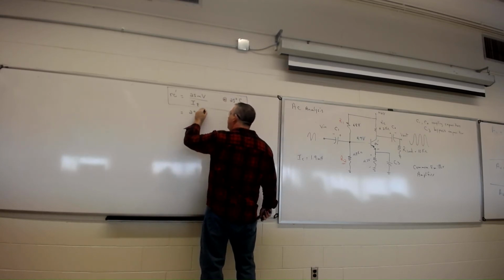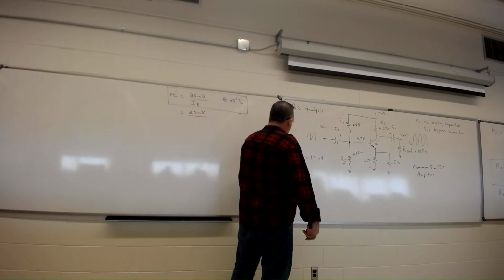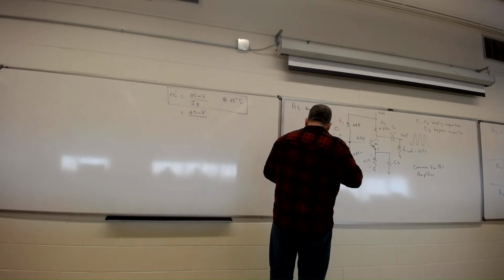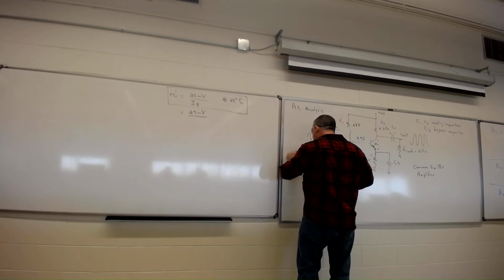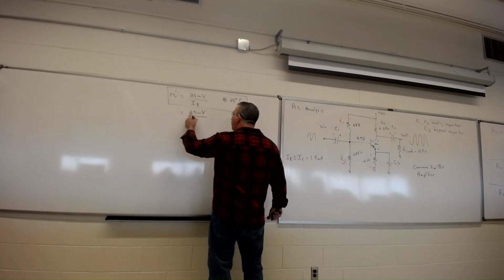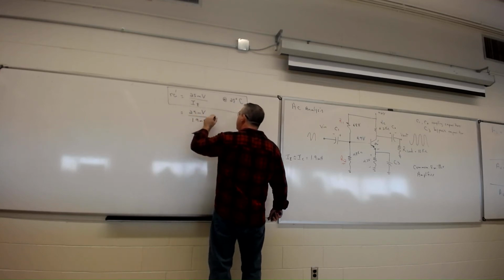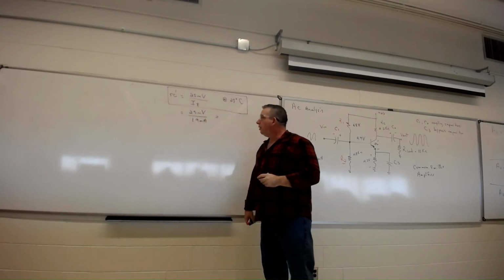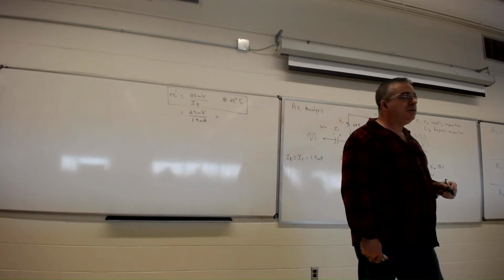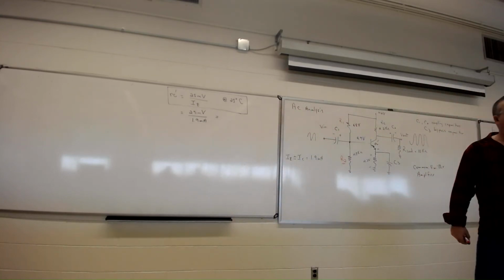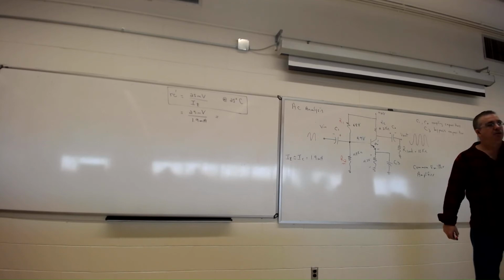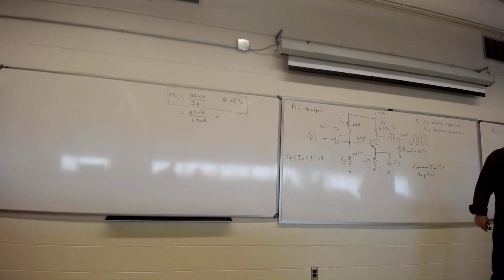So 25 millivolts, and we determined that IE, which is the same as IC, is equal to 1.9 milliamps. So if we take 25 millivolts and divide it by 1.9 milliamps, we're going to get something like 13 ohms.